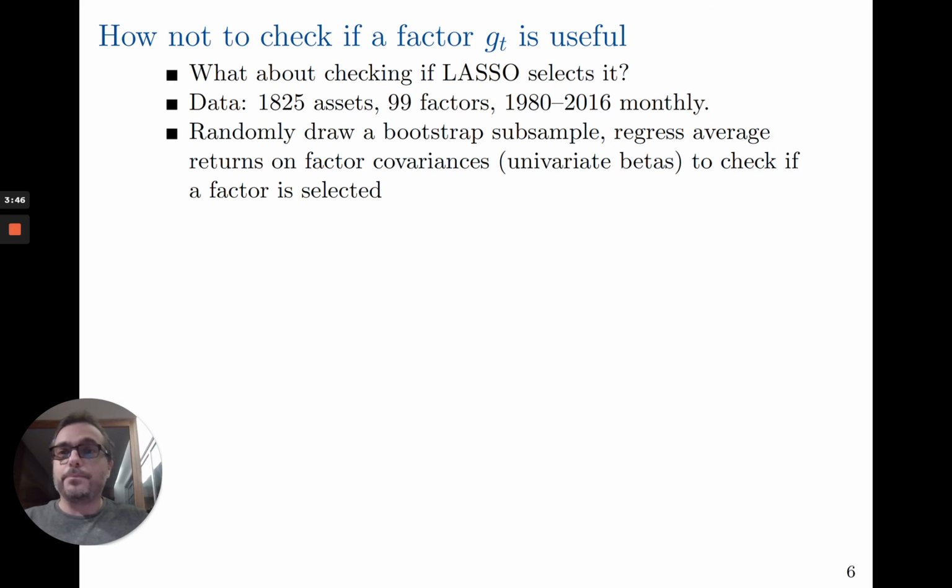What we are going to do is a random bootstrap, randomly sampling from these 1,825 assets. Then we regress average returns on factor covariances, and we check if Lasso selects these factors.